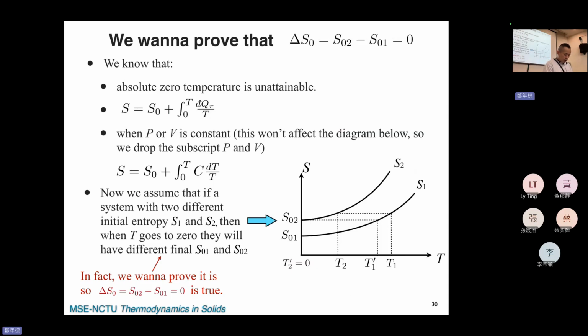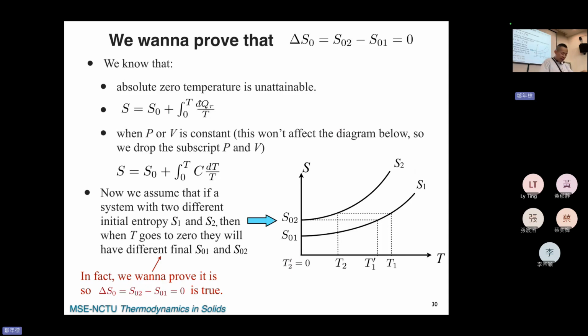Now we want to prove that S naught 2 needs to be equal to S naught 1. But it's really difficult to prove that directly, so we do it the logically inverse way.